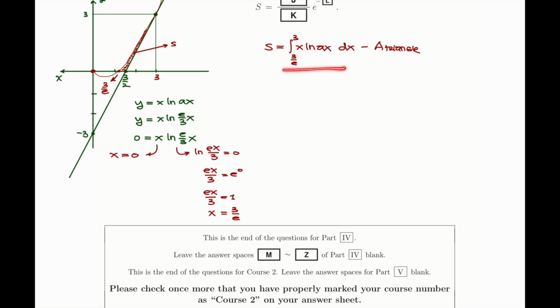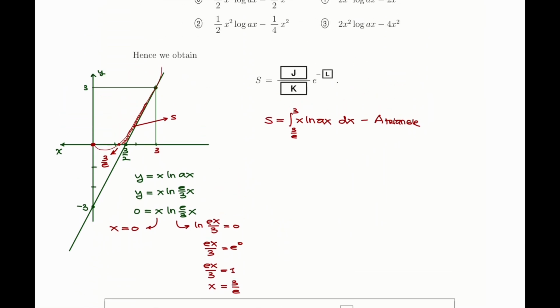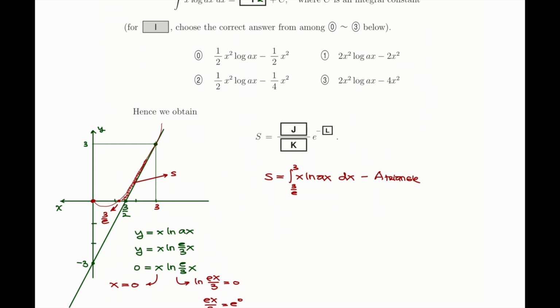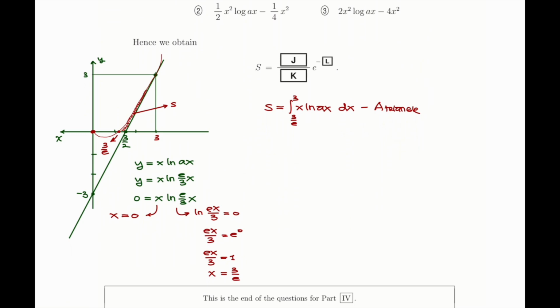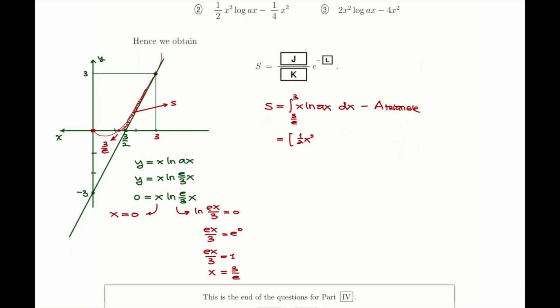For the integration, we already found the integration. The result of this integration is number 2. So S is equal to (1/2)x² ln(ax) minus (1/4)x², from 3 over e until 3, minus the area of this triangle, which is half times base times height.